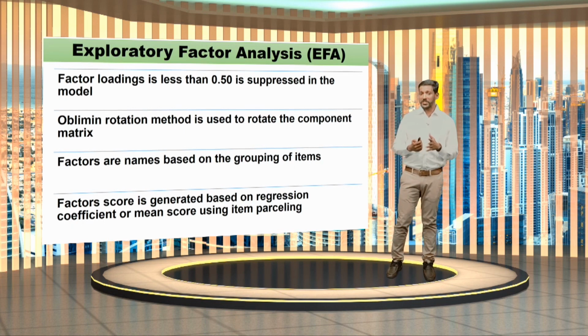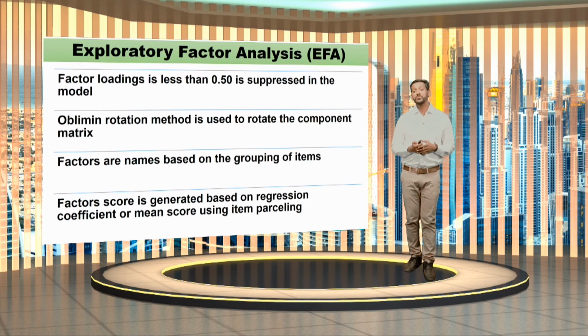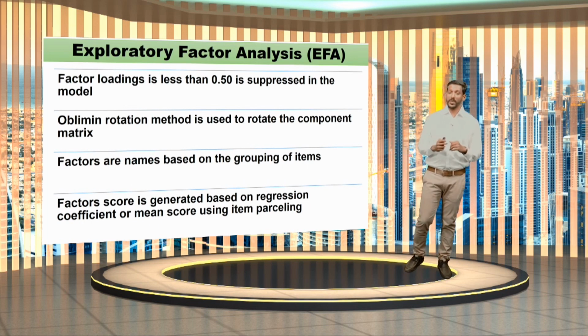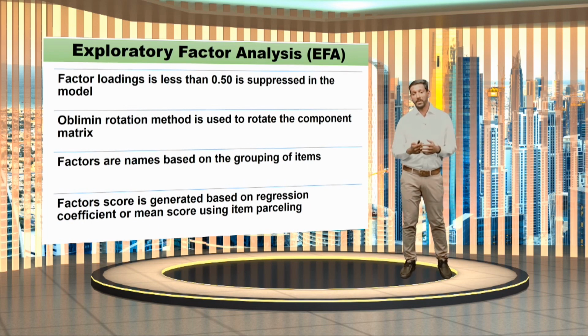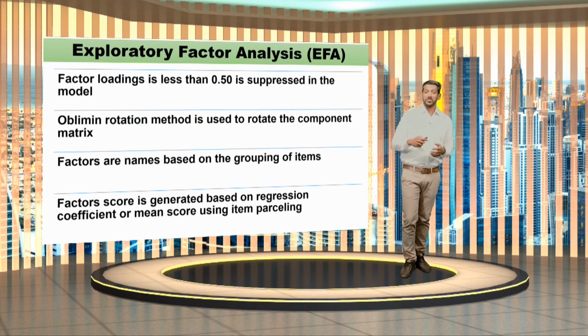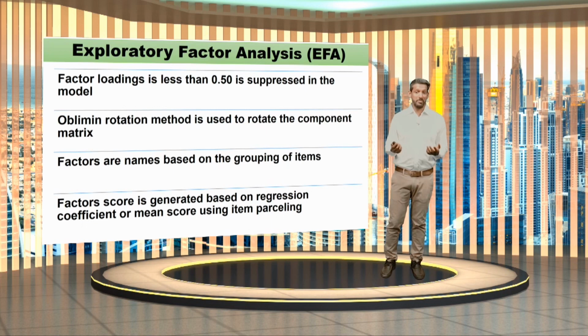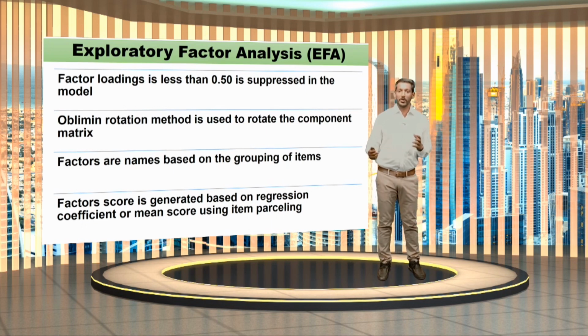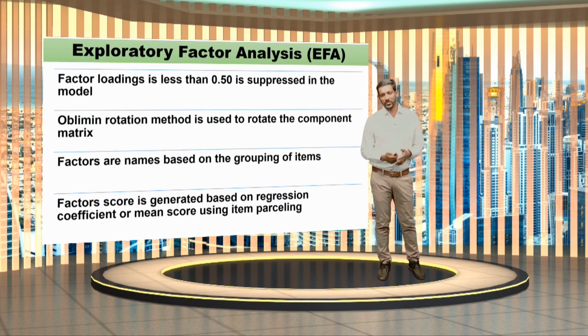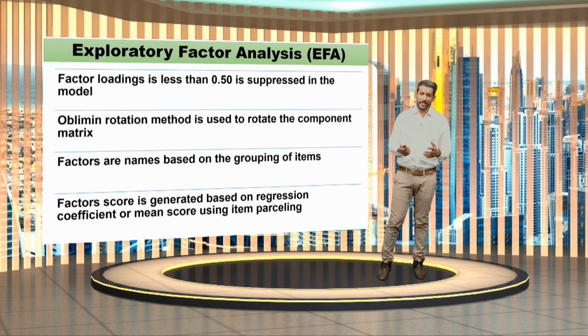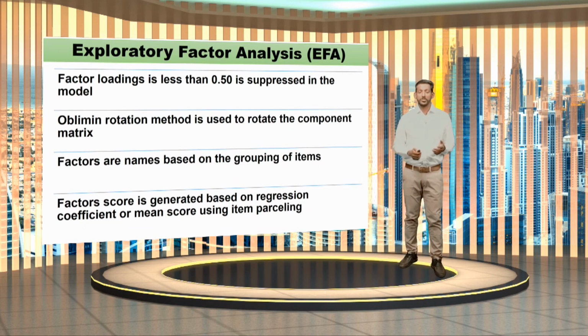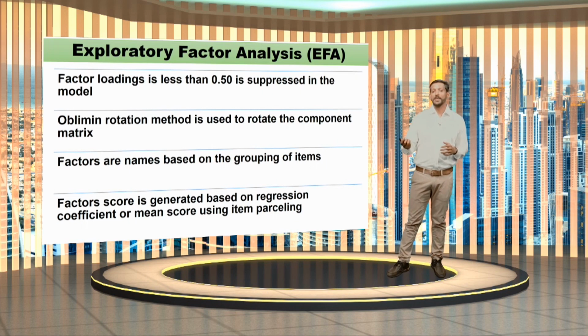Most of the time it is very challenging, because sometimes groups will be formed in such a way that we can make a very good name with the help of literature, or sometimes different items are shuffled together and pulled into one group, and it is very difficult to name the factors. However, we can take the support of literature and expert opinion while naming the factors.